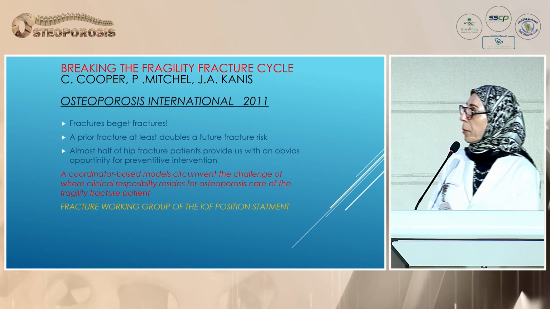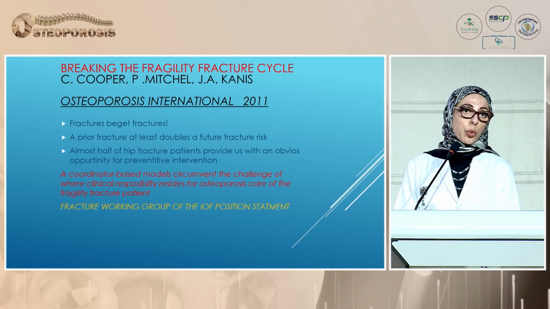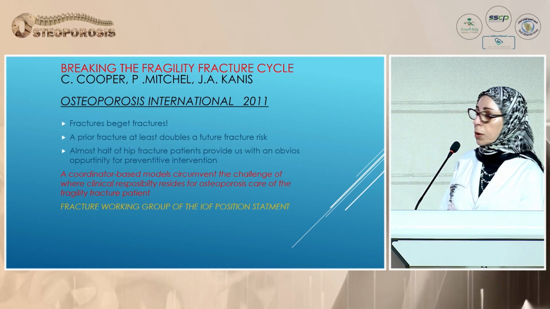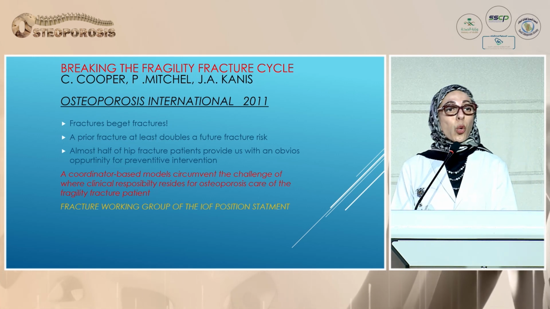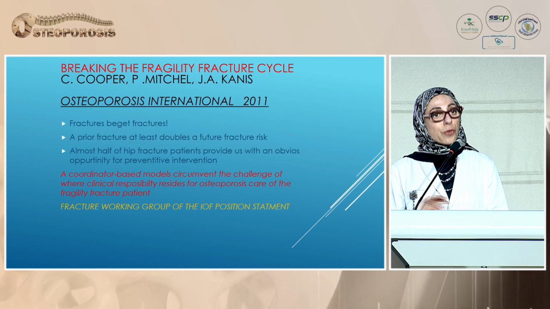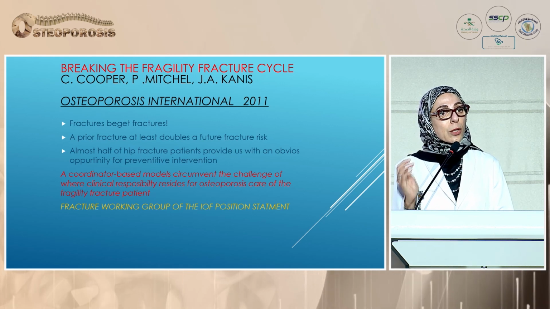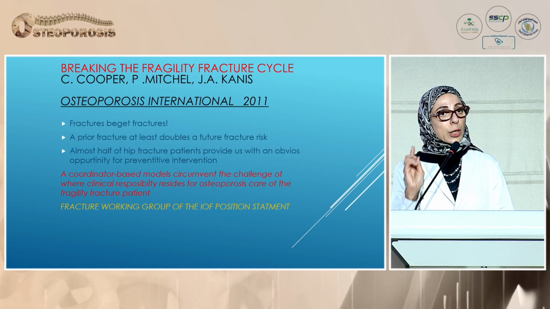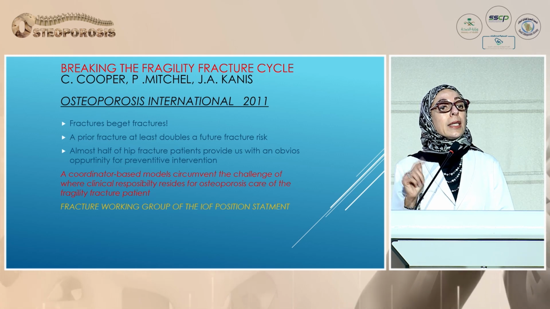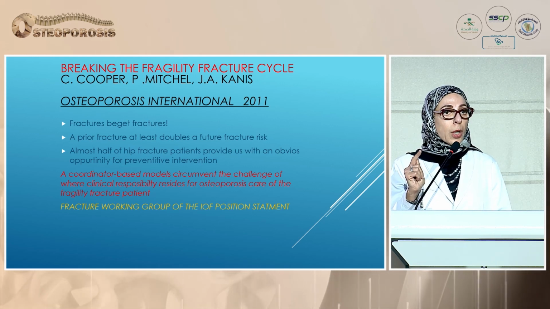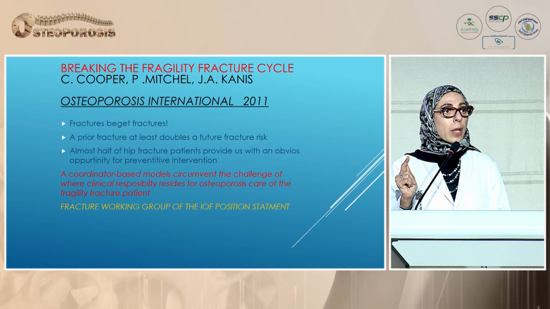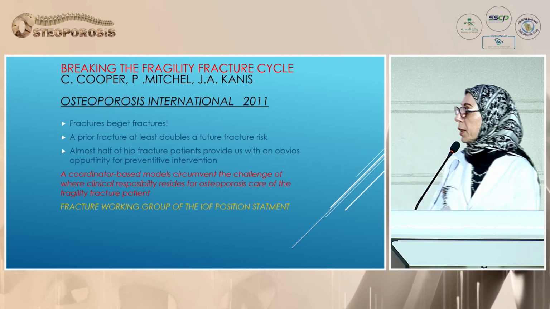At that time, in 2011, they put that position statement that was published in the Osteoporosis International Journal, addressing what we already know, that fractures beget fractures. It's a domino effect. Once a patient has one fracture, they will at least double the chance of another fracture. And that's what we want to do. If we can't prevent the first one, at least we can do something about the second one.